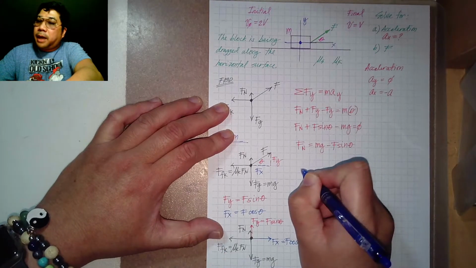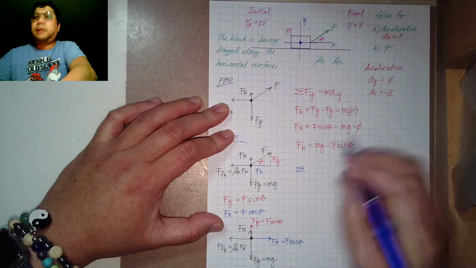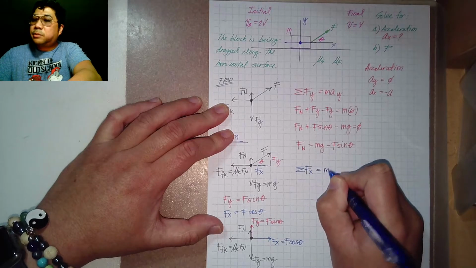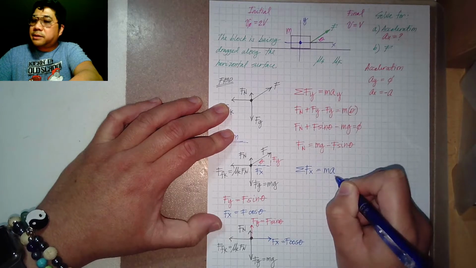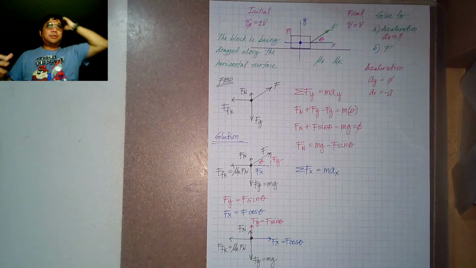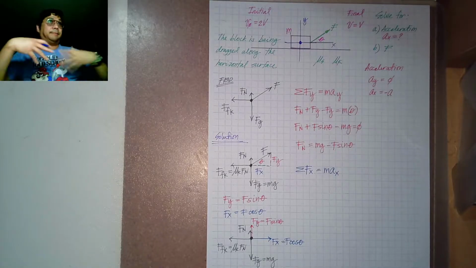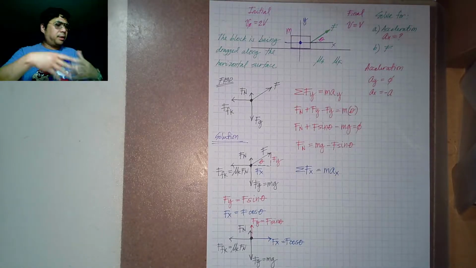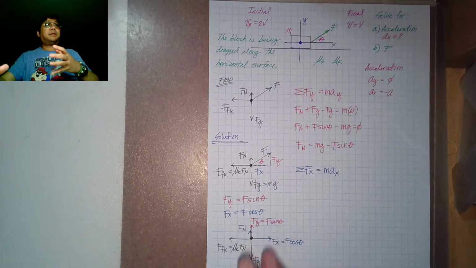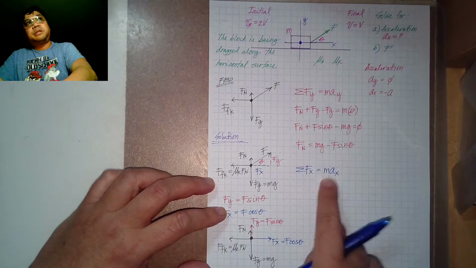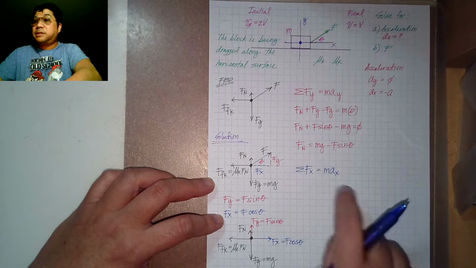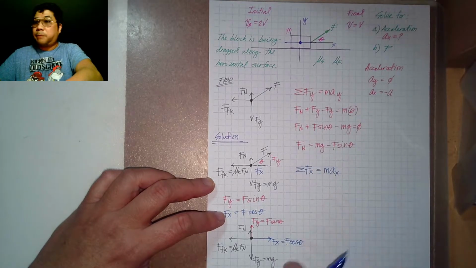Now, the sum of the forces acting along our x-axis is equivalent to mass multiplied by the acceleration along the x-axis. I know it's almost similar to the previous question, in the previous video, I think it's dynamics number 7. Here, the only difference is that we have to change the acceleration from a to negative a. So let's see what happens if you have negative instead of positive.